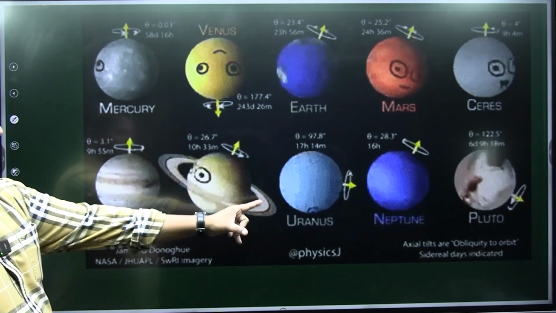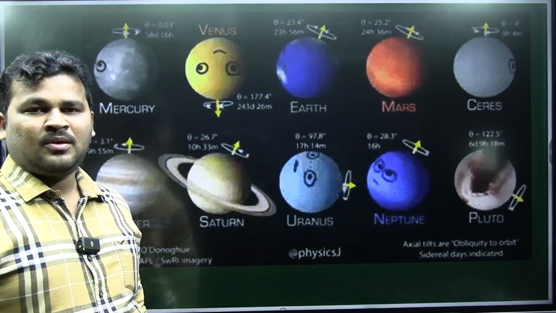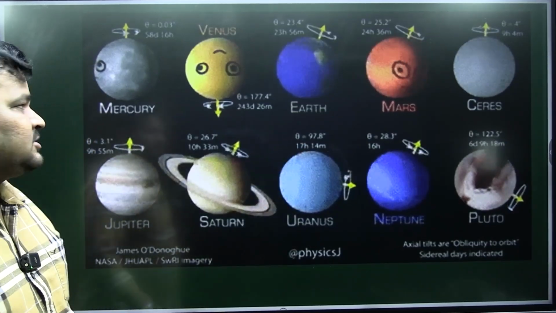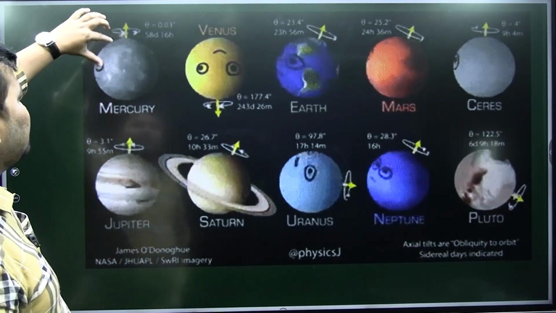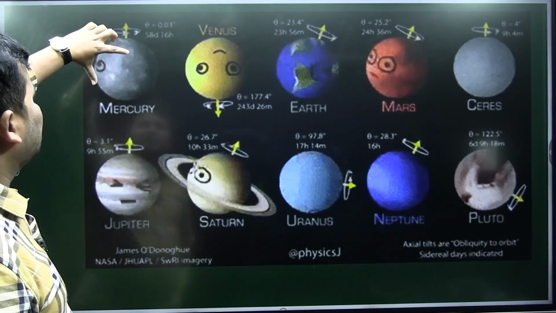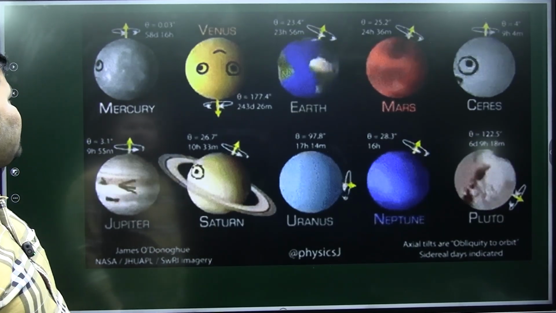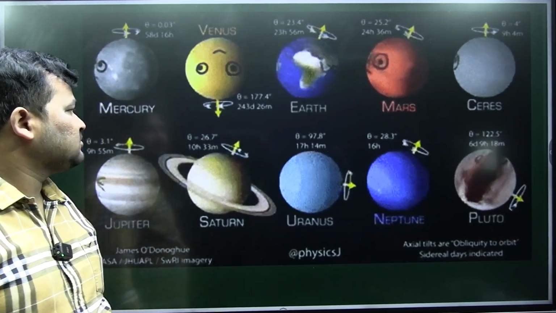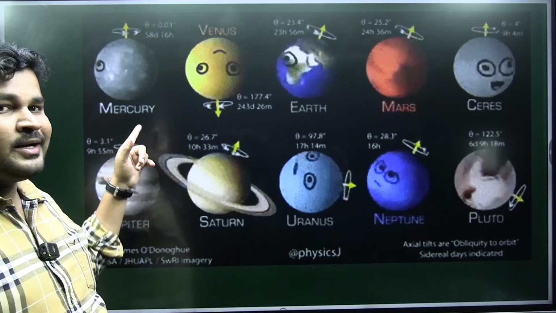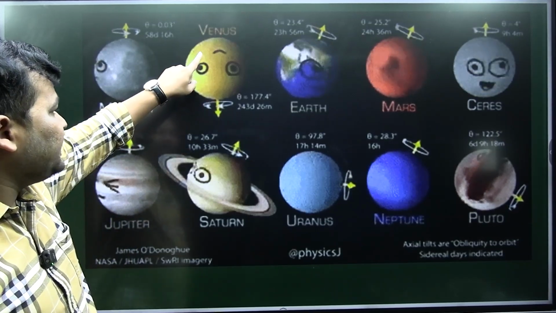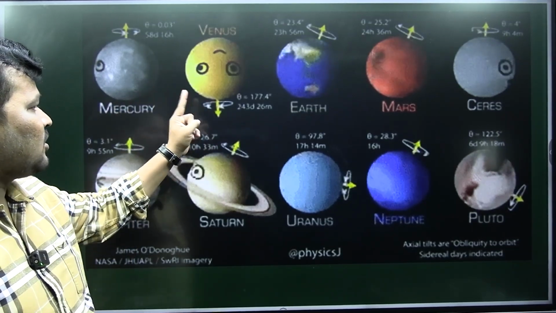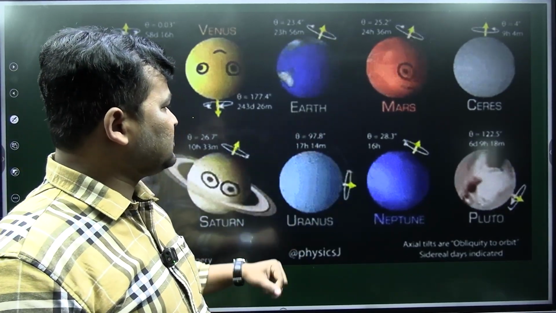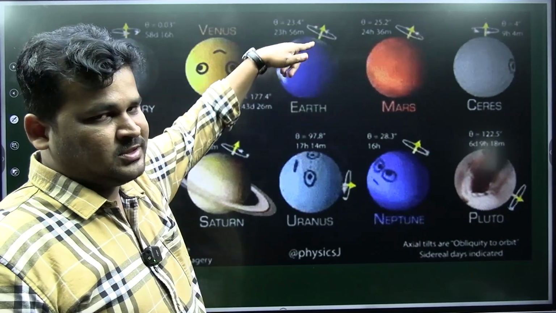See, these are the planets and how they rotate on their axes. Mercury is rotating in the anti-clockwise direction. Venus is rotating in the clockwise direction, and Earth is rotating in the anti-clockwise direction.